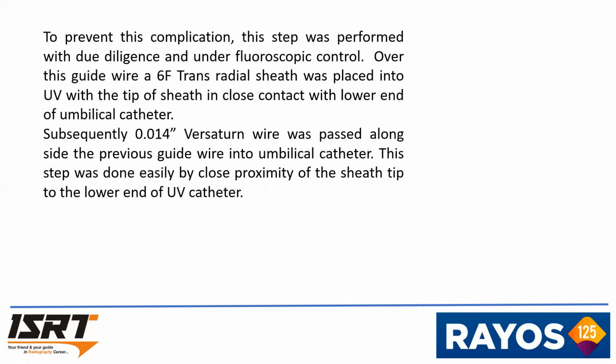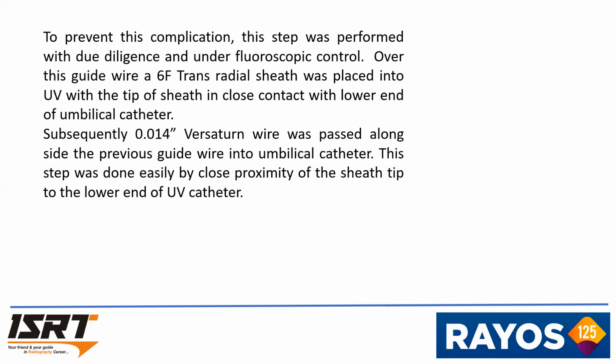Over this guide wire, a 6-French transradial sheath was placed into umbilical vein with the tip of the sheath in close contact with the lower end of the umbilical vein catheter. Subsequently, a 0.014-inch Versatron guide wire was passed alongside of previous guide wire into umbilical catheter.